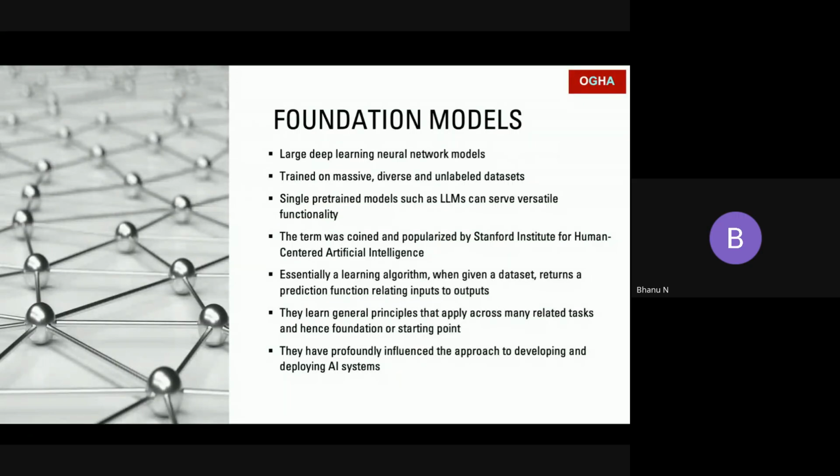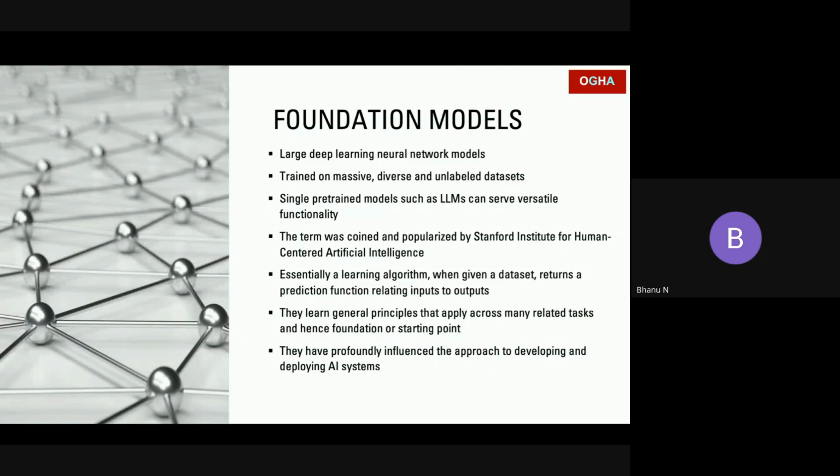Basically, it's a learning algorithm: you throw a data set at it, people have given whole worlds, whatever is available on the whole web, plus synthetic data, and it returns a prediction function relating the input to output, text in and text out in generative form.